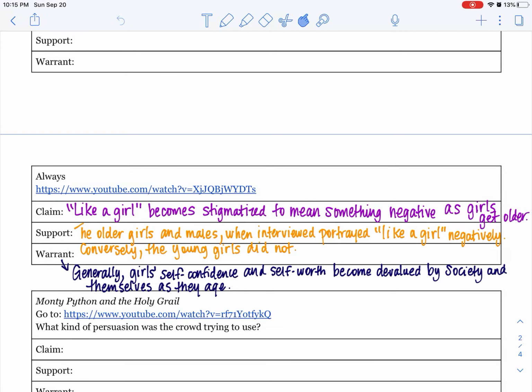So this warrant is generally girls' self-confidence and self-worth become devalued by society and themselves as they age.